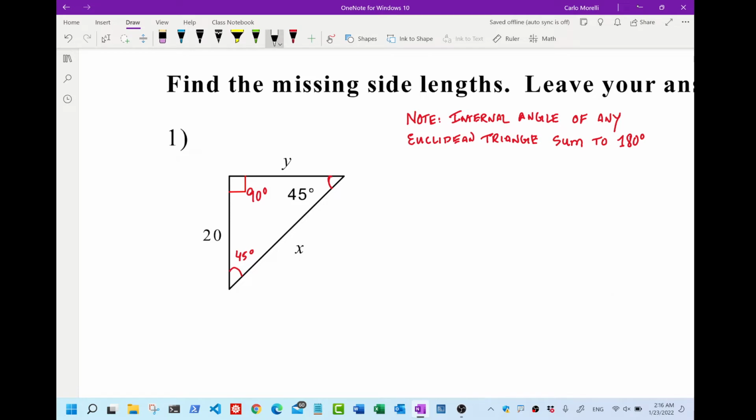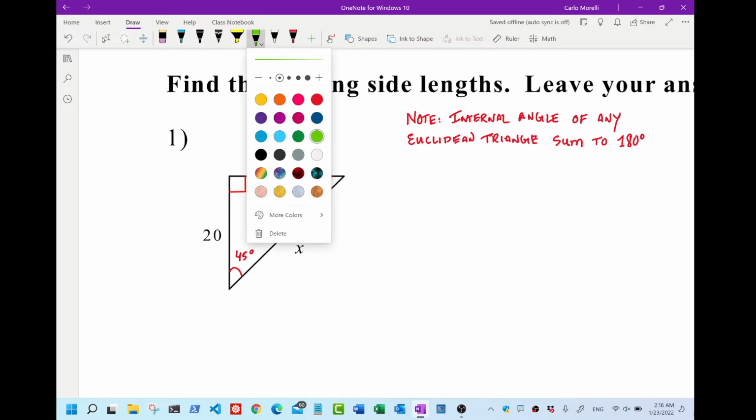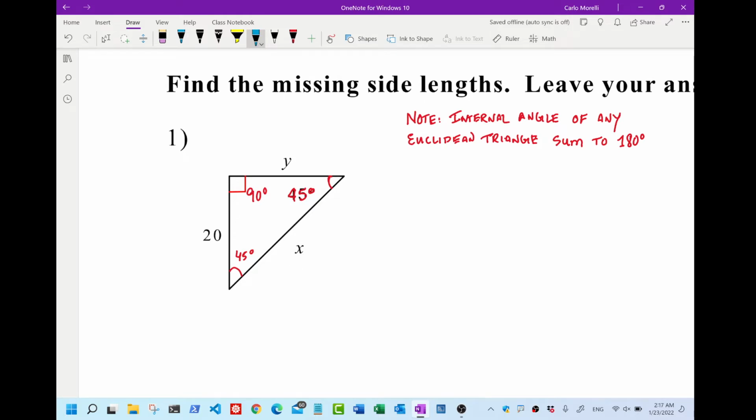Okay, so now looking at this problem, we see that, yeah, we're given 45 degrees, and then we have one side length. Remember what we were doing before, which was saying, well, okay, the side length opposite the 45 degree angle here is going to be equal to the side length opposite the other 45 degree angle.